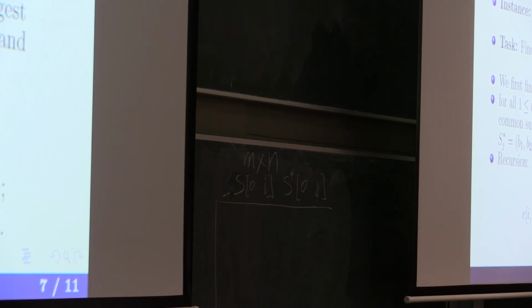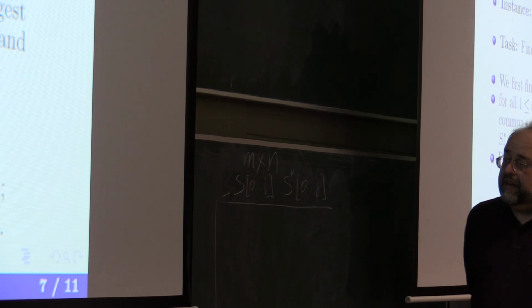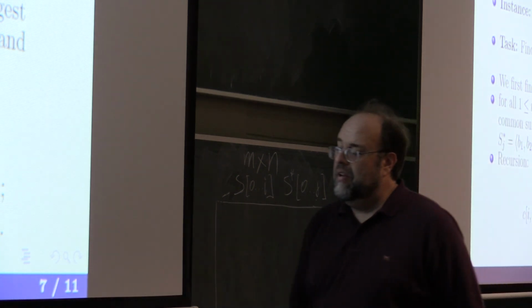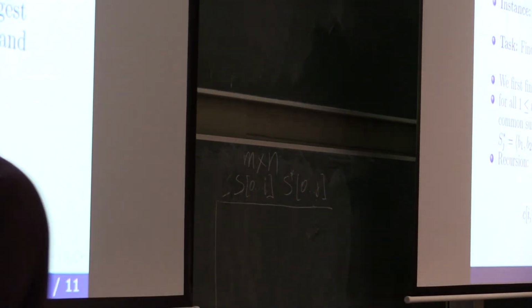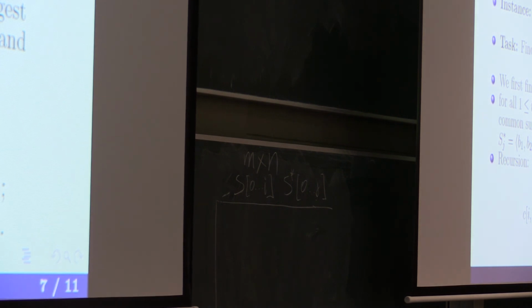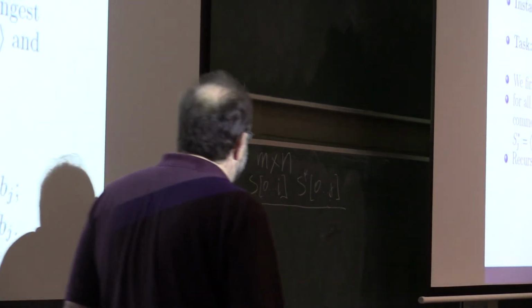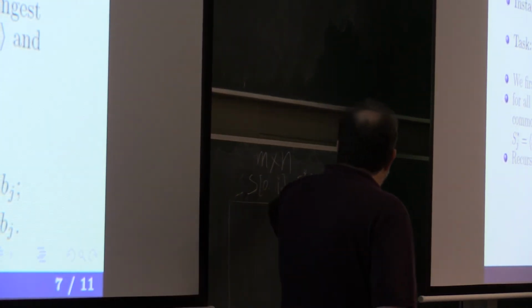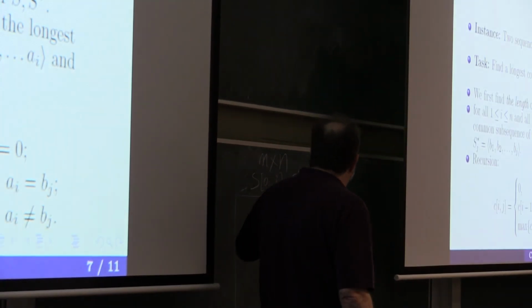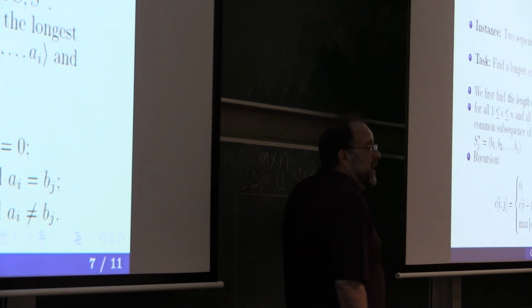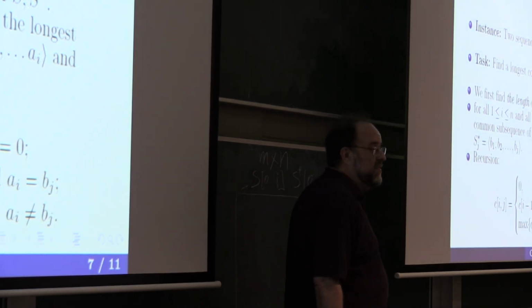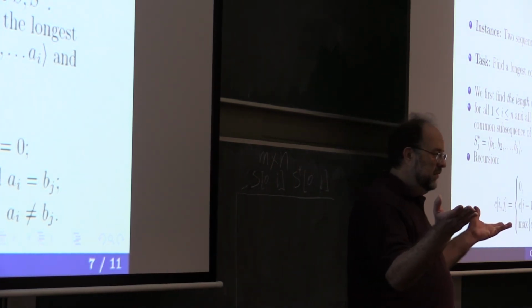But if you do that, then the recursion is extraordinarily simple, right? You have two cases. The first case is that the ith base in the first sequence and the jth base in the second sequence are equal.